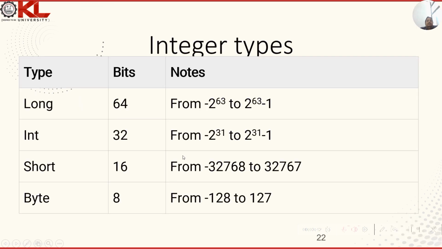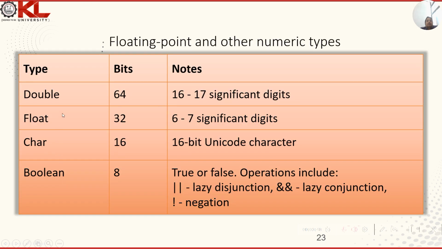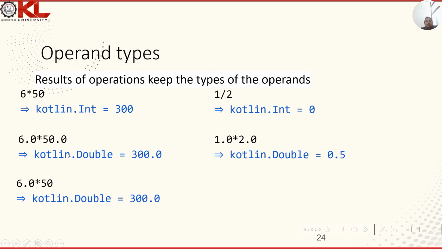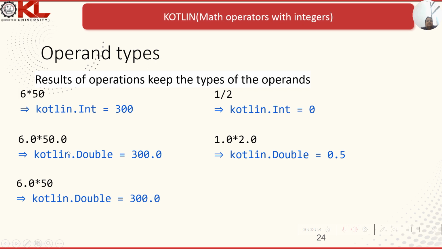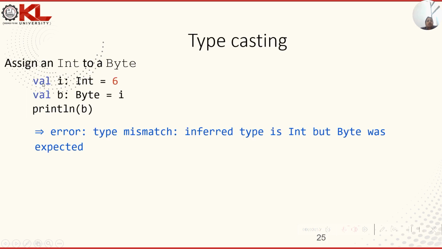Next, what data types are there here: long, int, short, byte, double, float, char, boolean. These are all Java kinds of things. Let us discuss how to assign a variable.